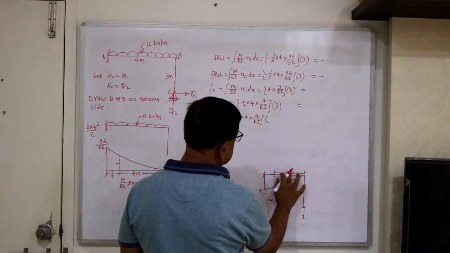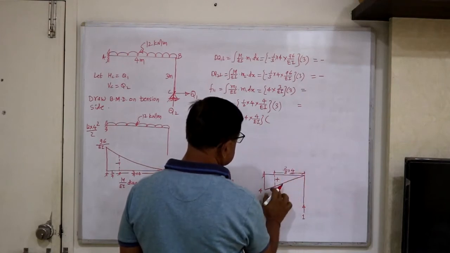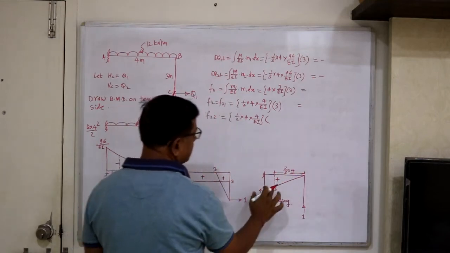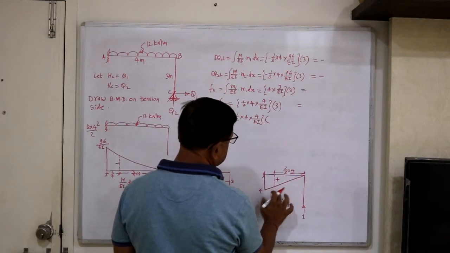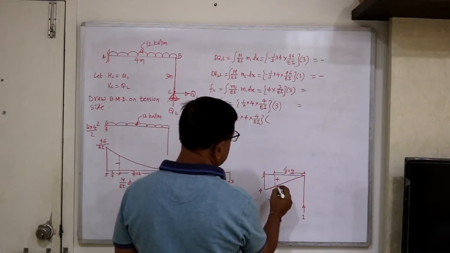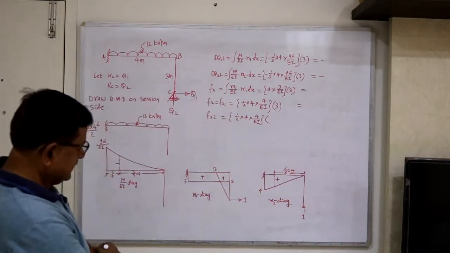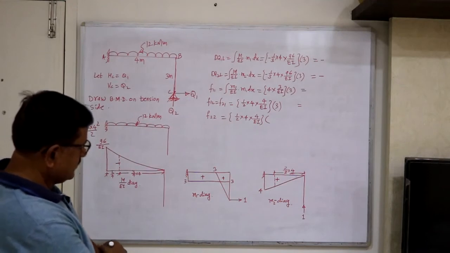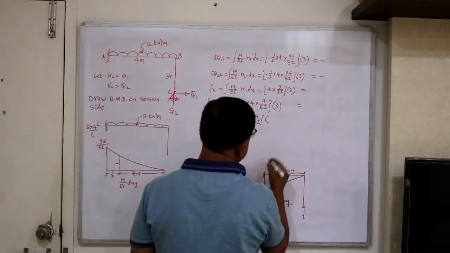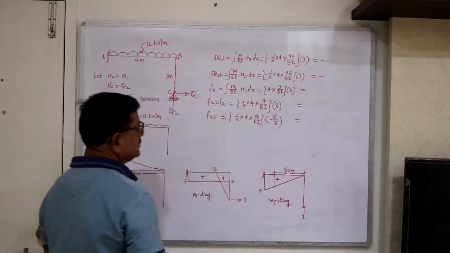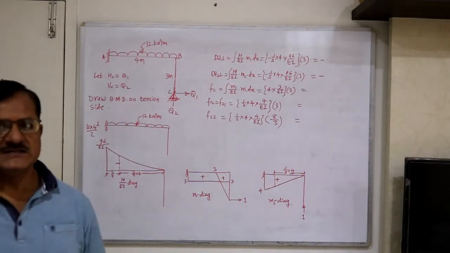So the CG of this diagram is 2/3 base from this end, that is 8/3. So this you will get 8/3. So now we have calculated all displacements.